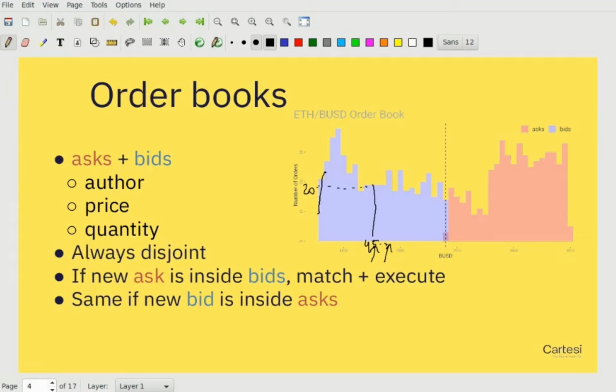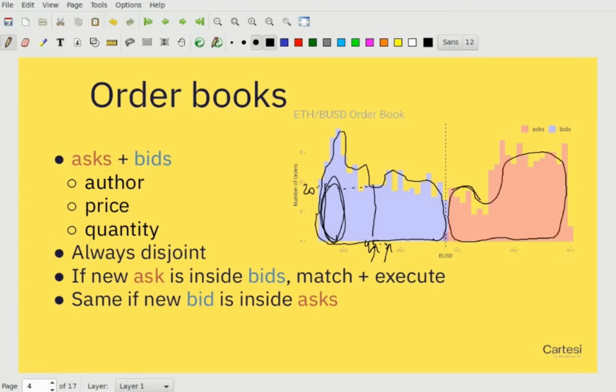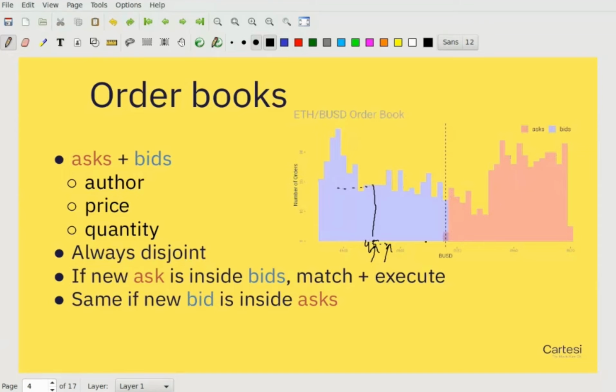So the total area below this curve is the total volume of bids, although the ones that are very low here are not very important, because it's like people saying they would buy Ether if it was very cheap. But people who are actually trying to sell it here are asking for much more. So let's see the other side of the coin.